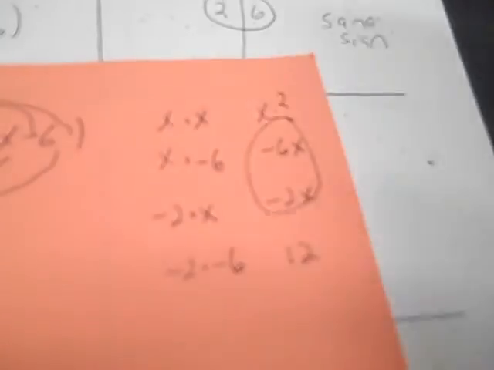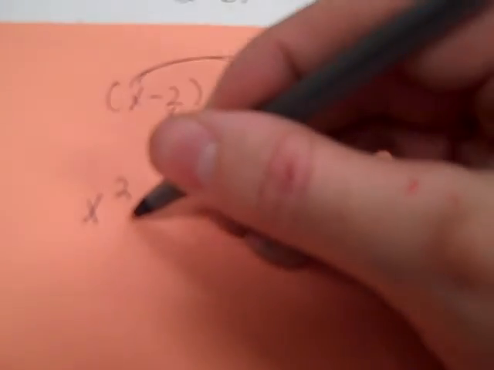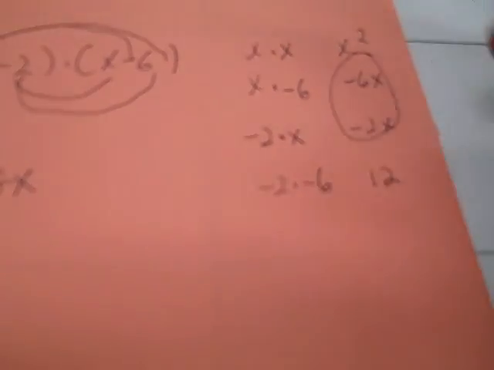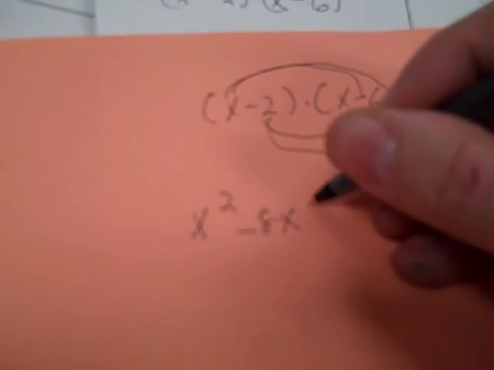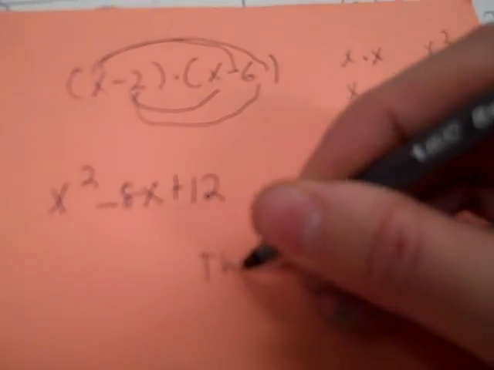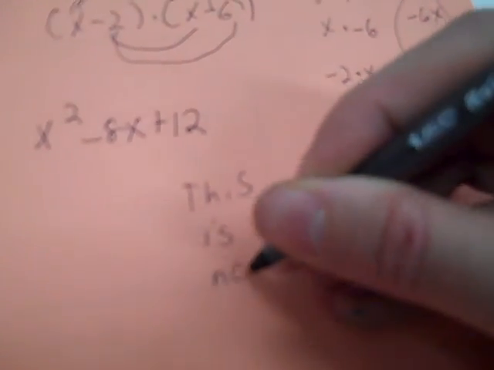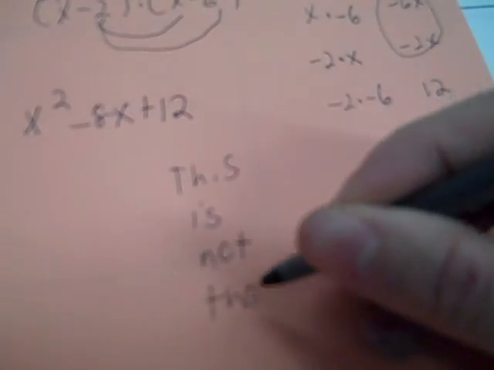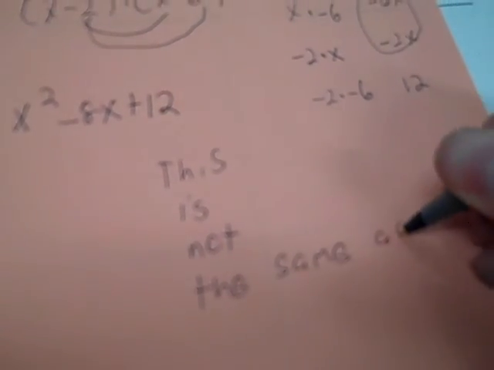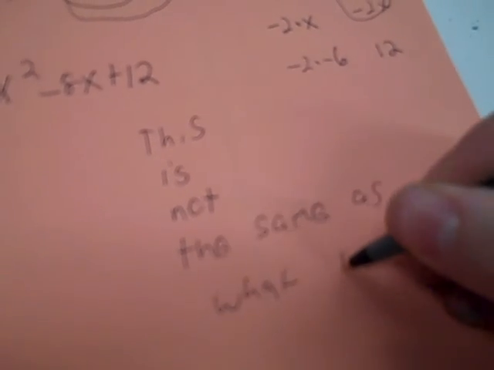So negative 6 plus negative 2, I got negative 8. So minus 8x. And then plus 12. Is this the same as what I started with? No. This is not the same as what I started with.